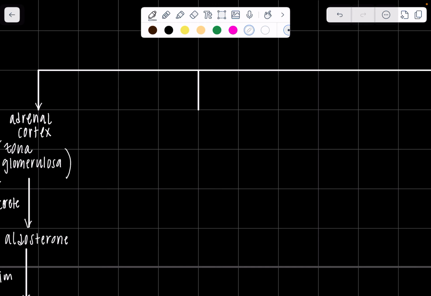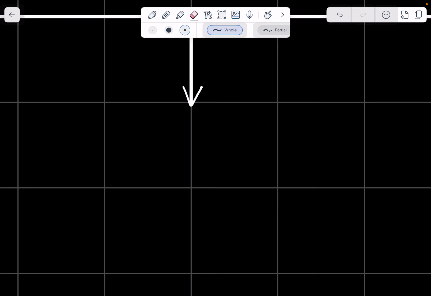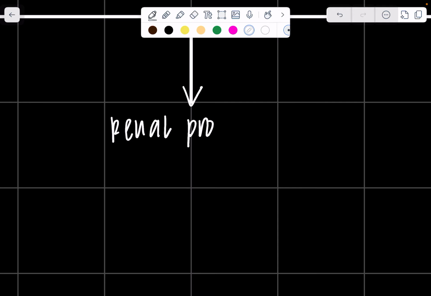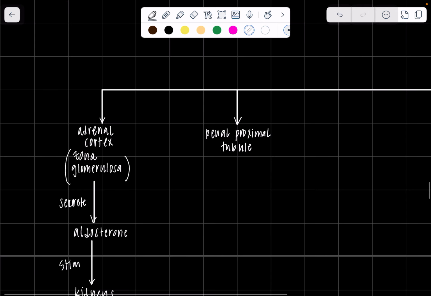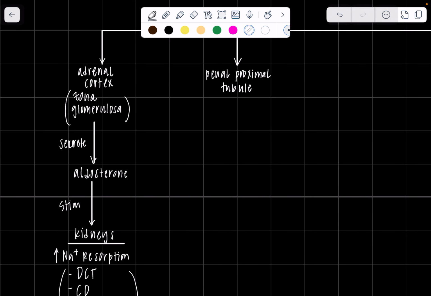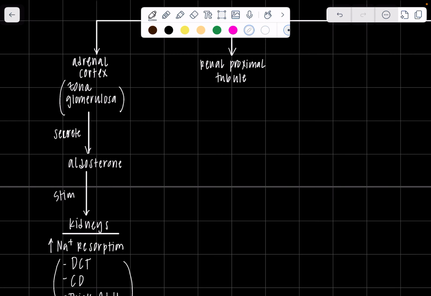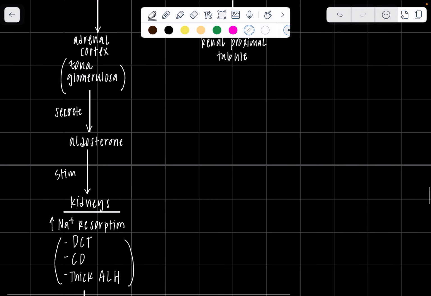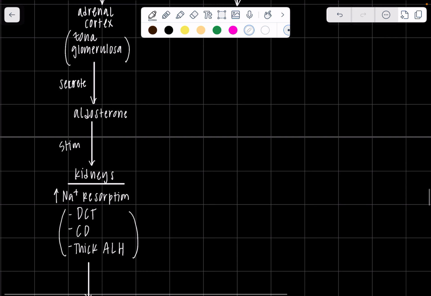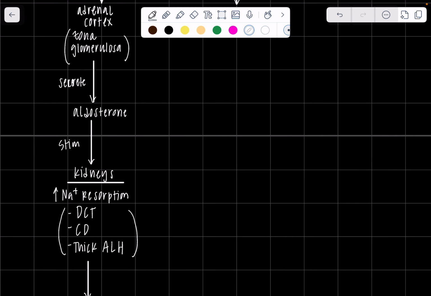Moving on, it will also directly stimulate a portion of our kidneys. So it will directly stimulate our renal proximal tubule. Okay, so you remember we talked about how angiotensin 2 will stimulate the adrenal cortex and basically get the adrenal cortex to tell the kidneys to absorb sodium in certain parts of the kidney, like our distal convoluted tubule, our collecting duct, and our thick ascending loop of Henle.